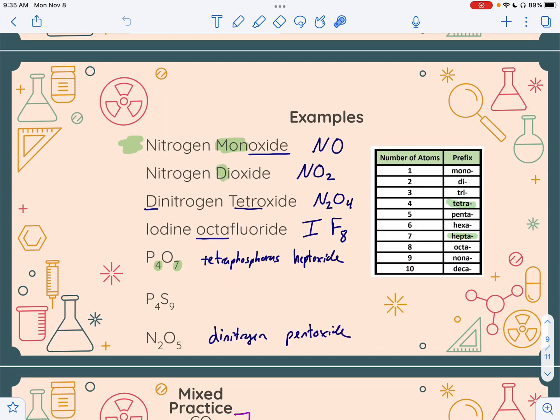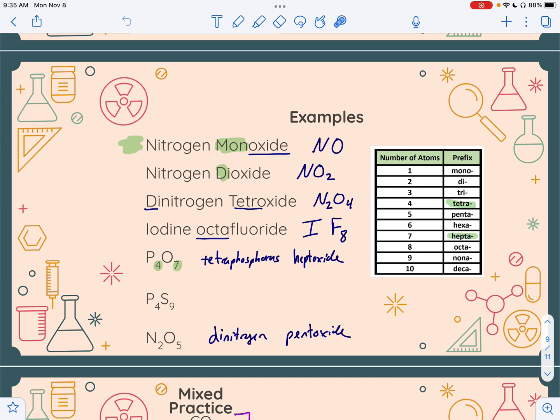Nitrogen monoxide. Mono means one, so N for nitrogen, 1 oxygen. Nitrogen dioxide, NO2. The di means 2, so I have 2 oxygens and 1 nitrogen. We don't put mono on the first element, so I would not say mononitrogen dioxide.